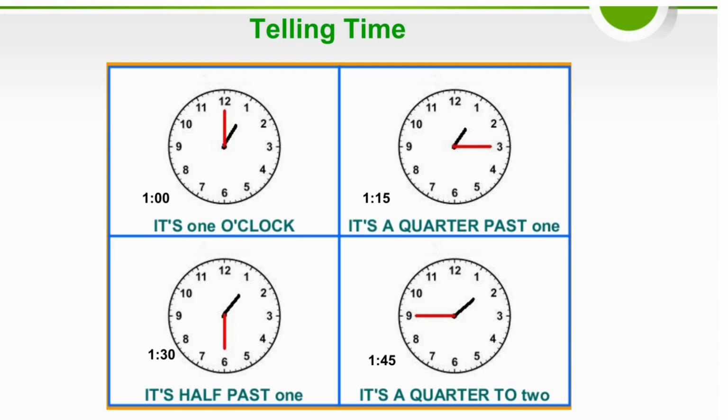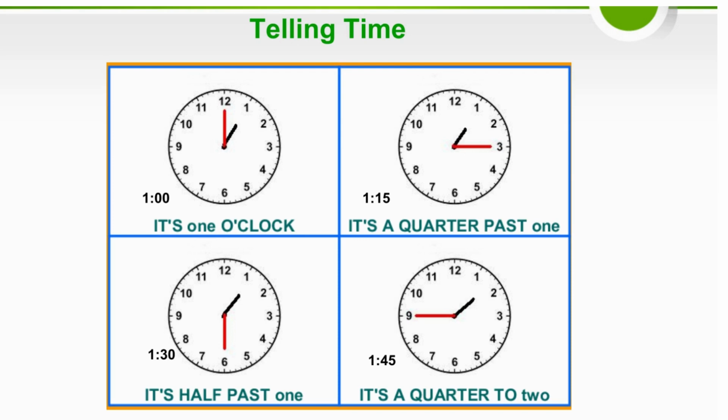Let's move to quarter past. When your short hand is in between 1 and 2 and your long hand is on 3, we say the time is quarter past 1.